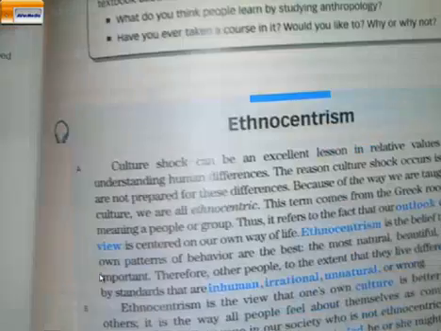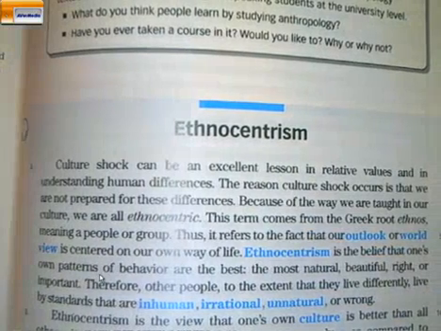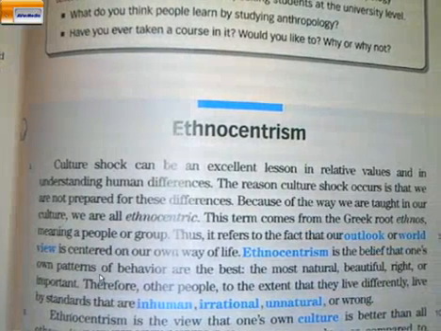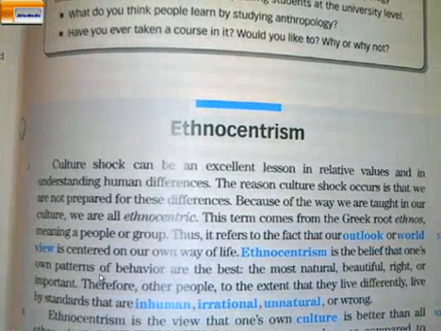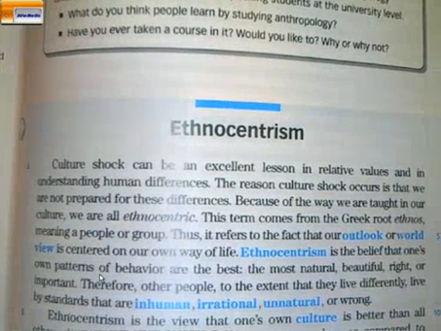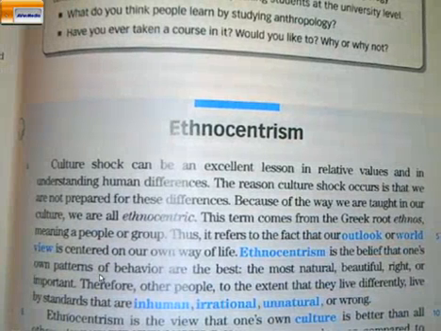Ethnocentrism. What is ethnocentrism? Very difficult word, and I know that most of you do not know the meaning of ethnocentrism. I am in the exam. I don't have a dictionary. What should I do? You need to read very carefully so you understand the topic. So let's read.